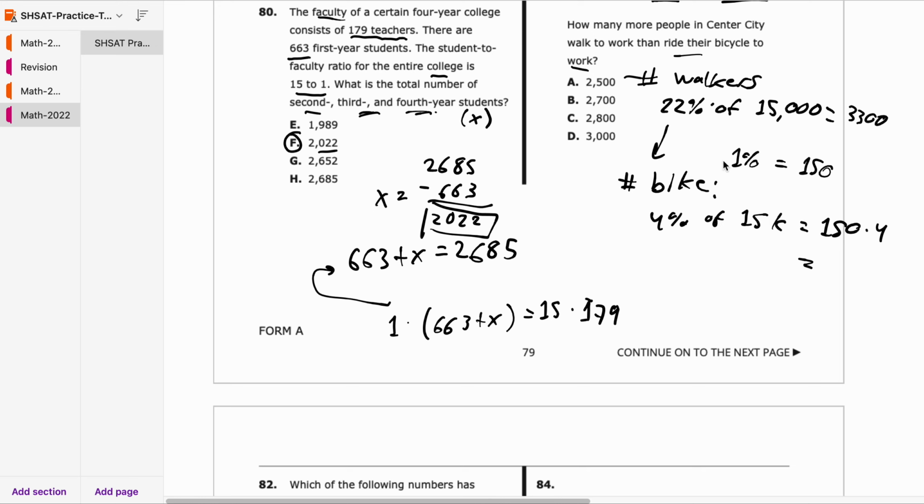Because 1% times 4 is 4%. So this would be 600. Okay, so we know that there are 3,300 walkers, 600 bikers. So how many more walkers are there than bikers? 3,300 minus 600, which is 2,700.